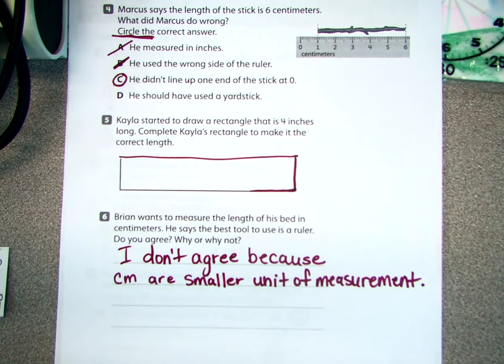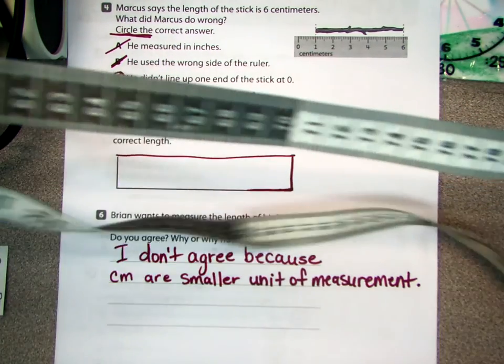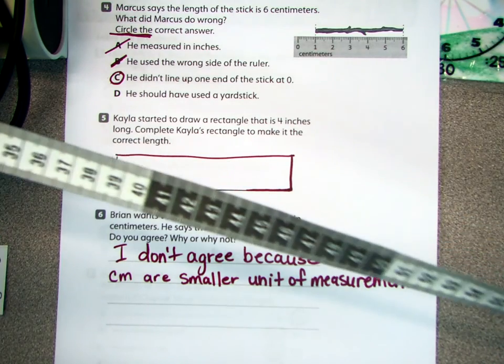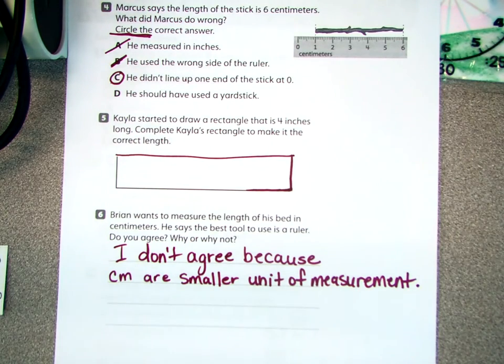So, what tool that we talked about would be a good tool to use? Okay? We could use our tape measure. For one, it's flexible. And two, it shows meters. We could use a tape measure.